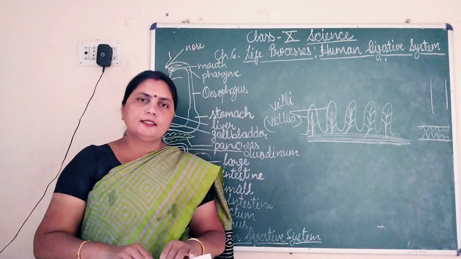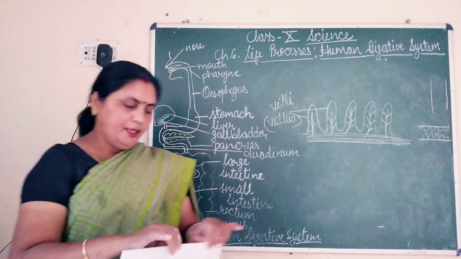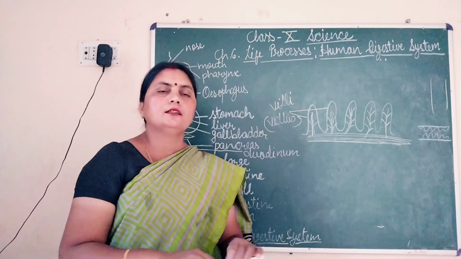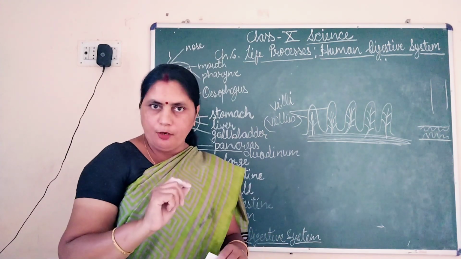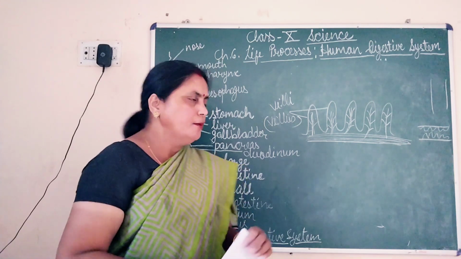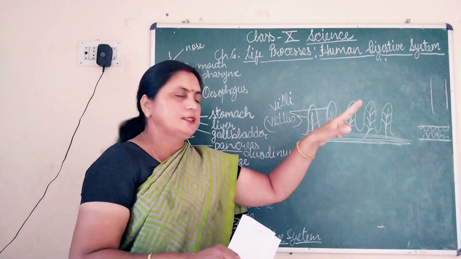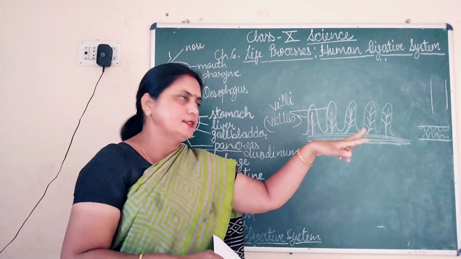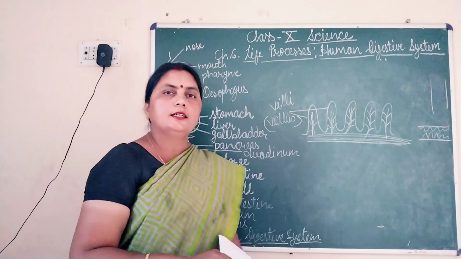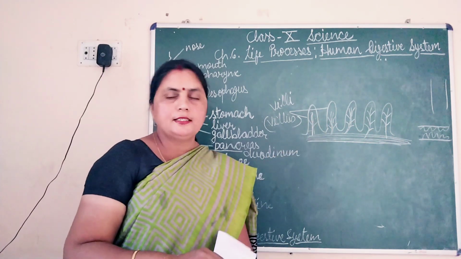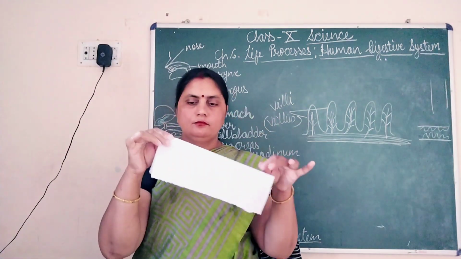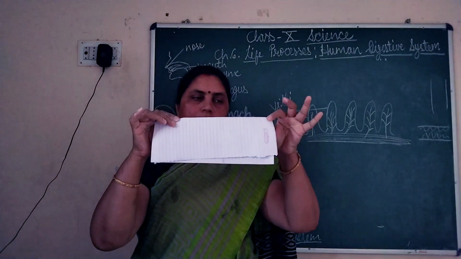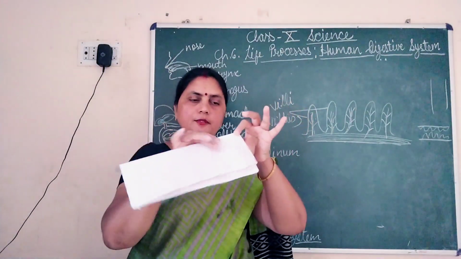Whenever food is digested, it is absorbed. We have discussed that after digestion, the food is absorbed in the small intestine. So these folds increase the surface area. How? See, this is a paper, and this is the surface of this paper.